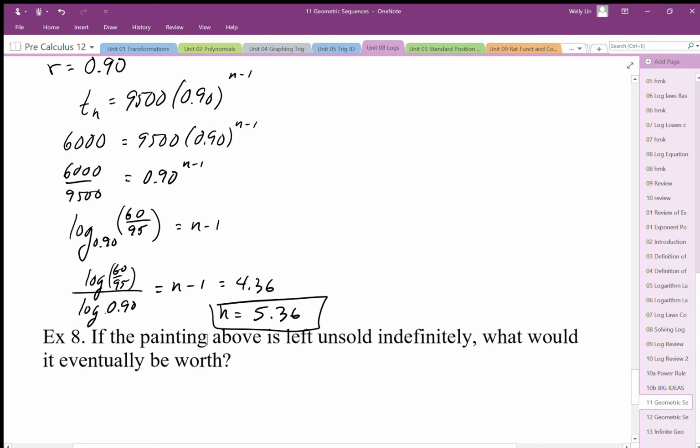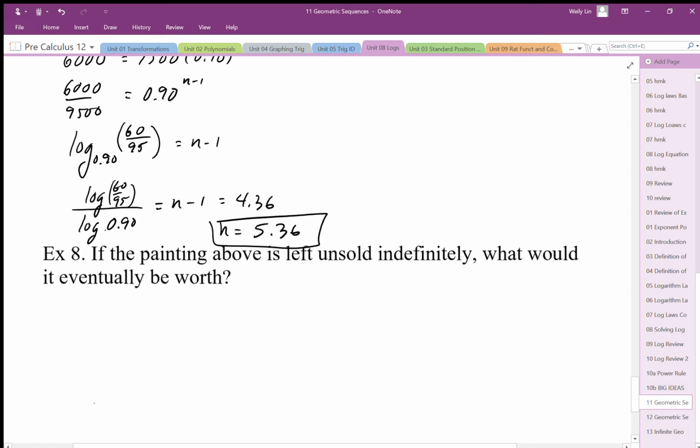Okay, so if this kept on going, sold and left unsold, what would it eventually be worth? So we're losing 10% every day. It will never really go down to 0, but what's it actually worth? Well, if I plot this graph, there's my 9,500, and it's going to be an exponential decay.